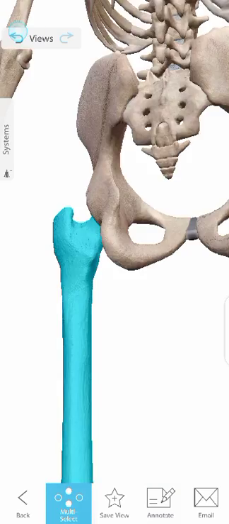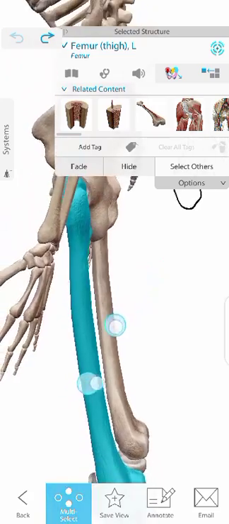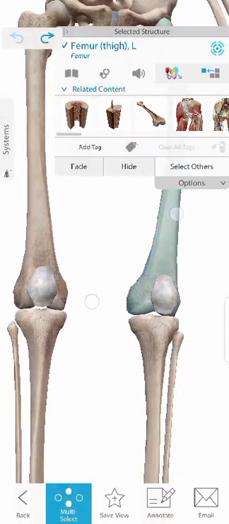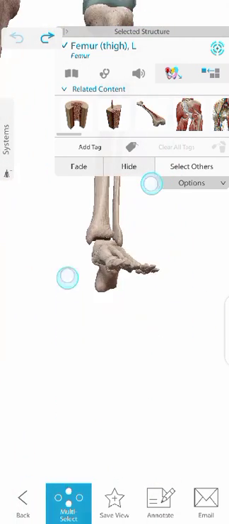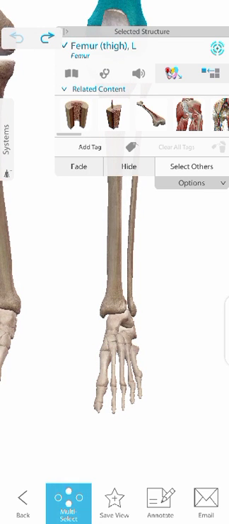Now the next word to look at is malleolus. Malleolus basically describes our ankle bones, the projections at our ankle. Let me draw.